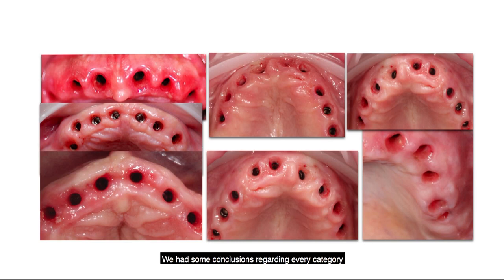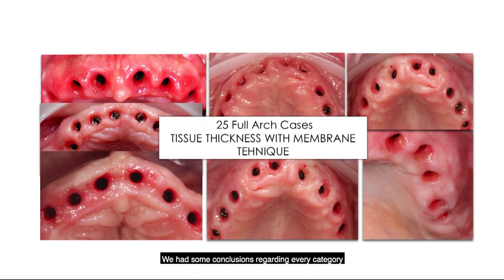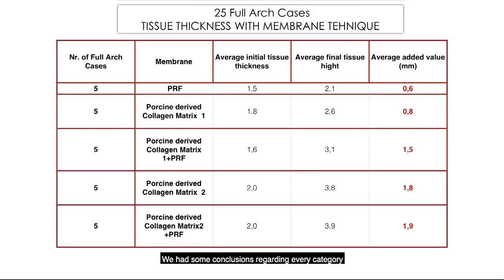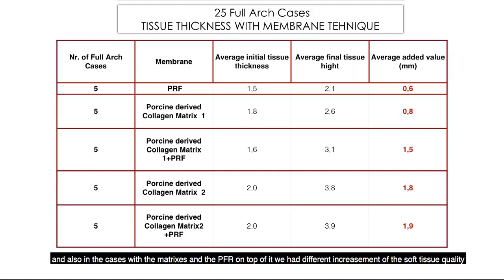below the gingiva? And we had some conclusions regarding every category, which is submitted and will be published in the BMC Oral Health. So we realized that in categories with PRF, but also in the matrices grafted cases, and also in the cases with the matrix and PRF on top of it, we had different increases of the soft tissue quality and thickness.